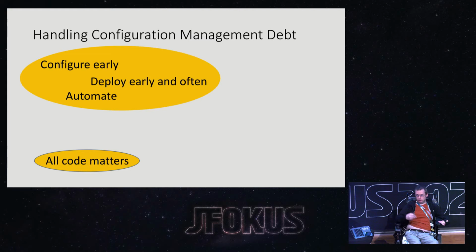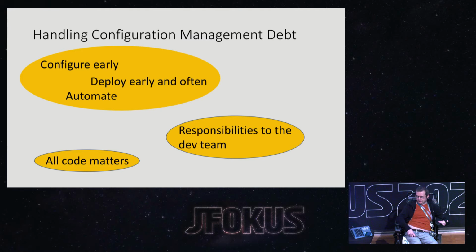Here we also have to apply principles like having some kind of staging environment for all the tooling used by multiple teams, to verify that these tools actually work. And last but not least, we need to put more responsibilities on the dev team, so we can get rid of separate dev and ops, and then it's DevOps for real, not two separate teams talking about some kind of DevOps.